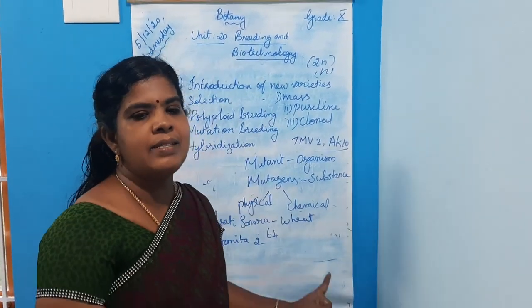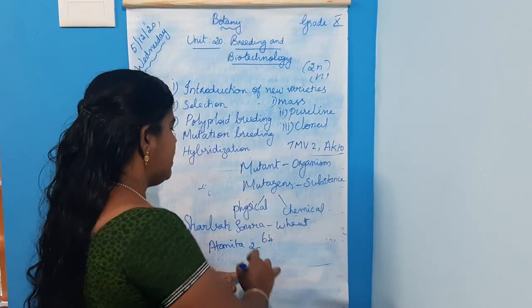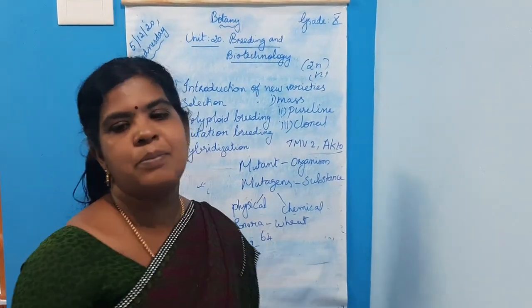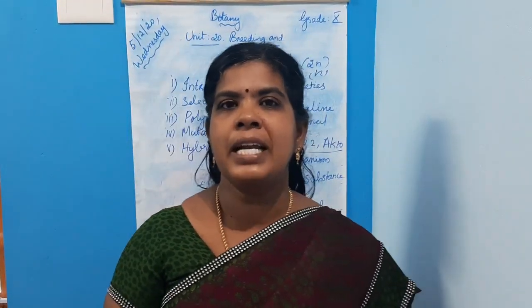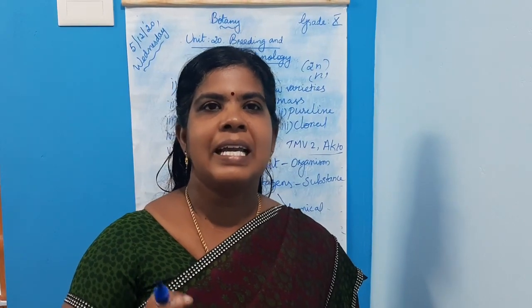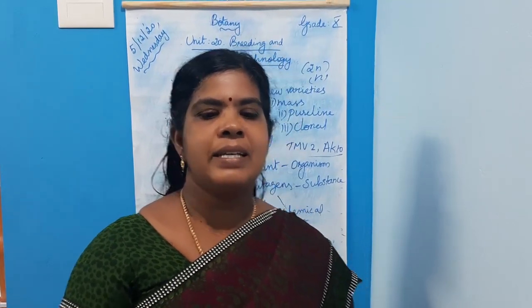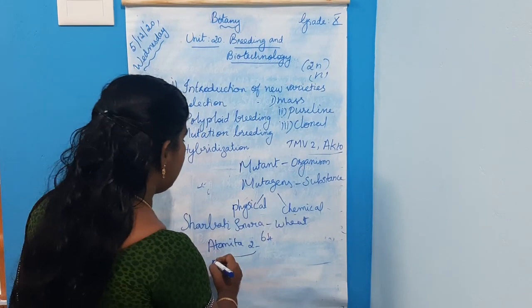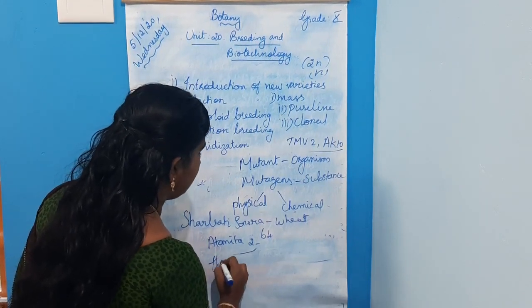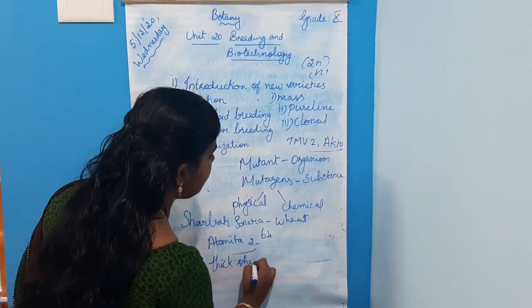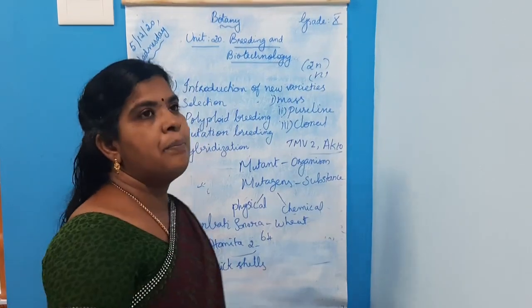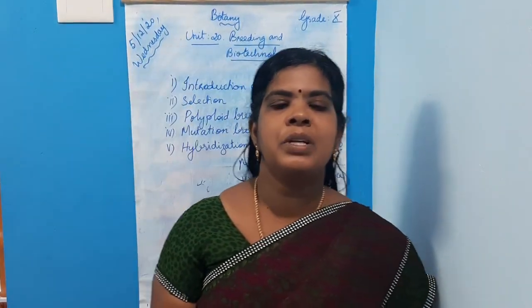Atomita 2 rice developed due to mutation breeding shows saline resistance and pest resistance. Then groundnuts with thick shells are developed due to mutation breeding.